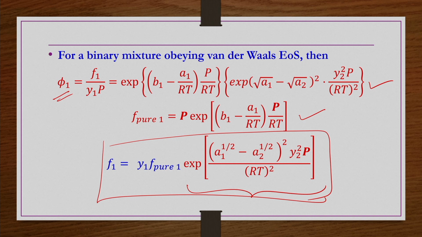This exponential factor comes as an additional correction to the Lewis-Randall rule. If you recollect, fi equals yi f pure i is nothing but the Lewis-Randall rule, and there is a correction here. This is what we saw in our previous lecture.